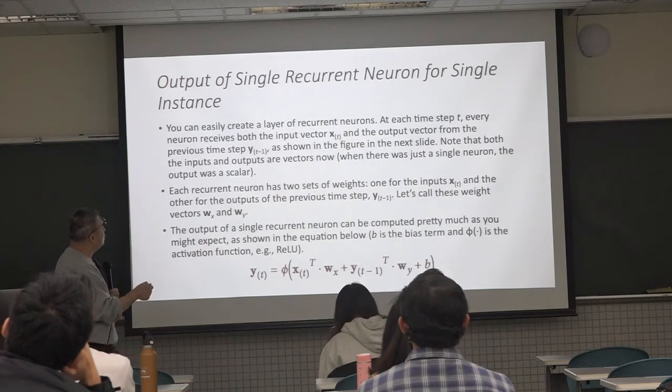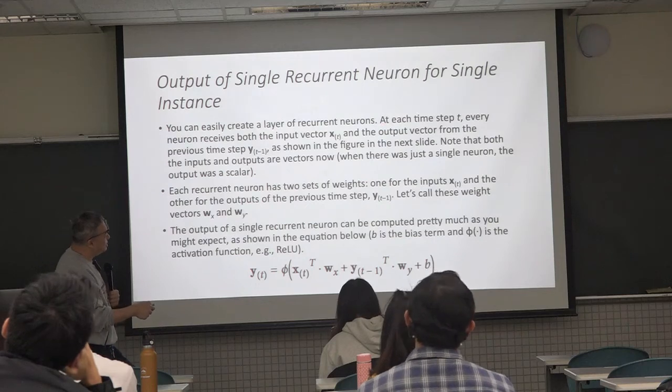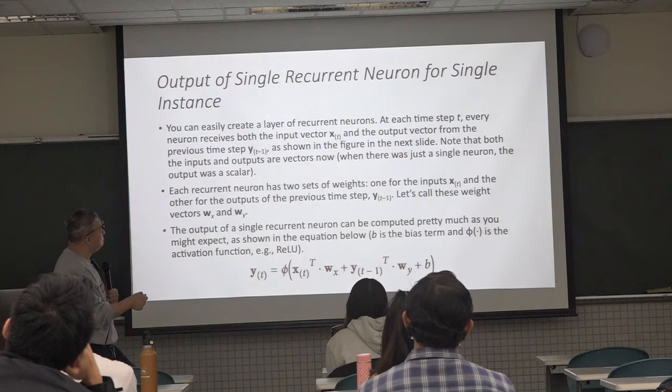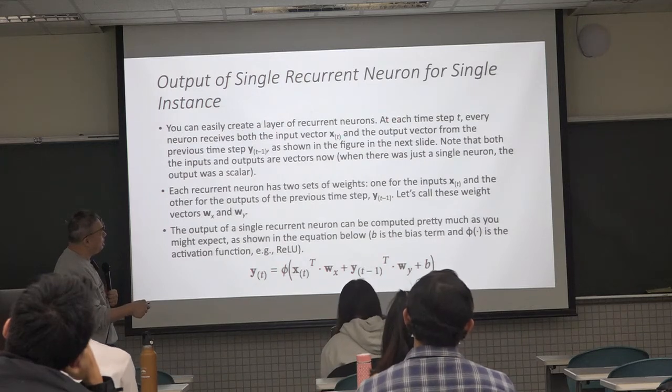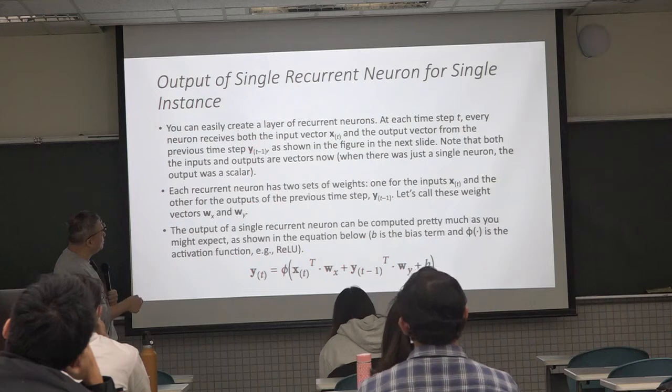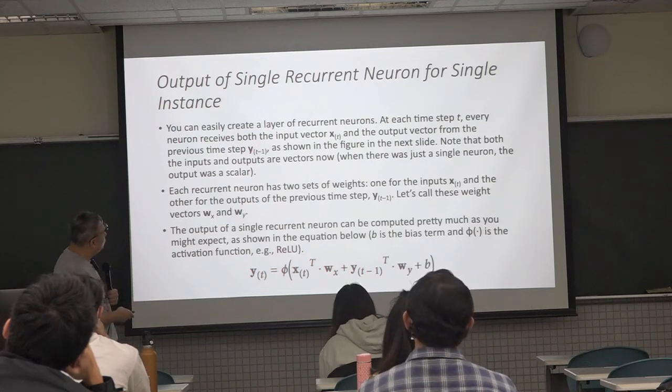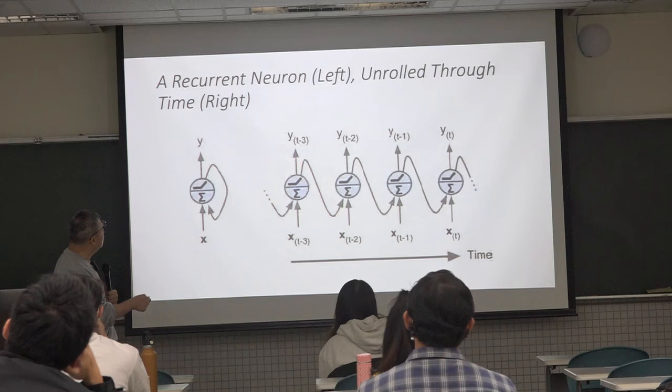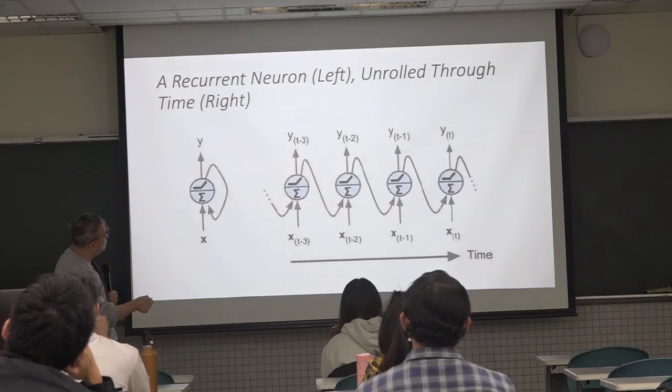You can easily create a layer of recurrent neurons. At each time step t, every neuron receives both the input vector xt and the output vector from the previous time step, yt-1. Originally we considered yt-1 as a number because this is just one neuron, so it outputs only one number.